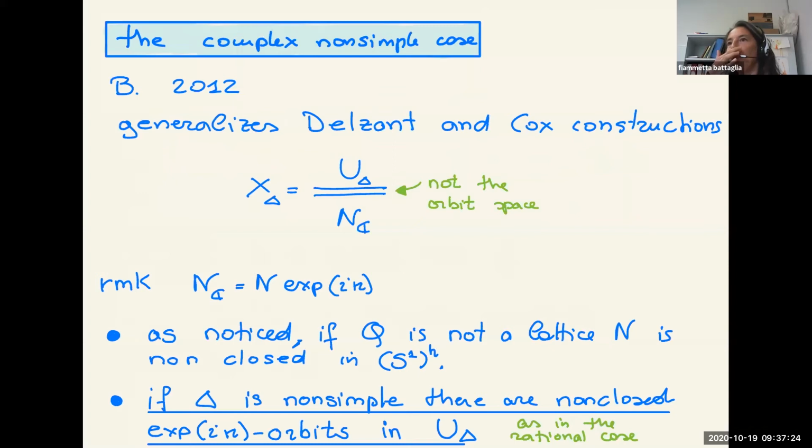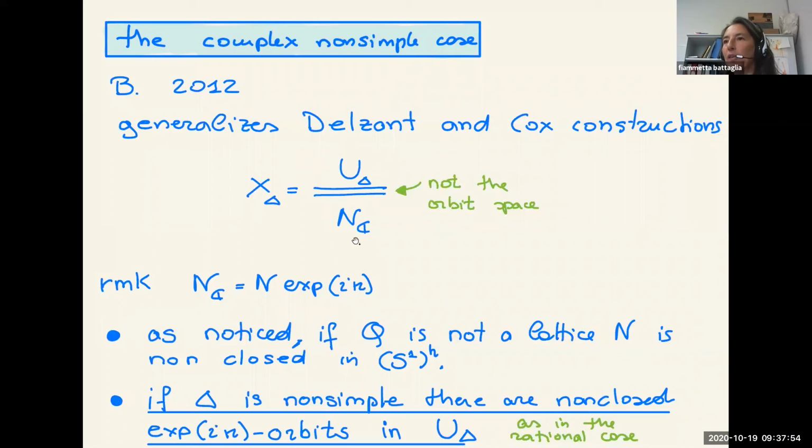Okay, so we go on with the complex non-simple case. And what we do here, we are still applying the construction that we made for the simple complex case. We have the same elements. We have an open subset of C to the H that only depends on the combinatorics of the polytope.